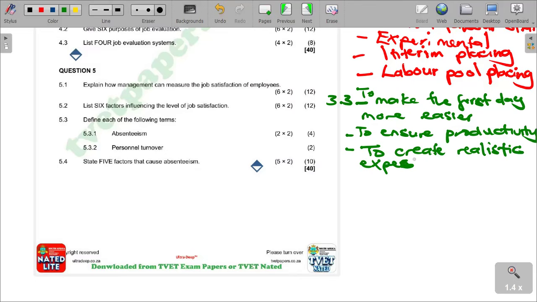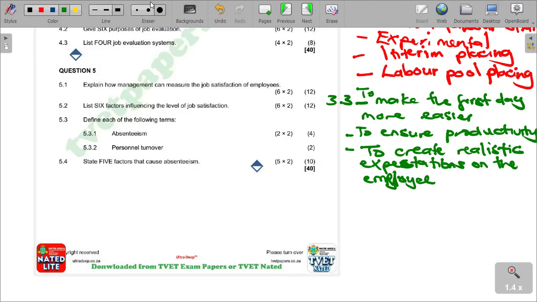They want to create realistic expectations on the side of the employee, and also on the side of the employer.